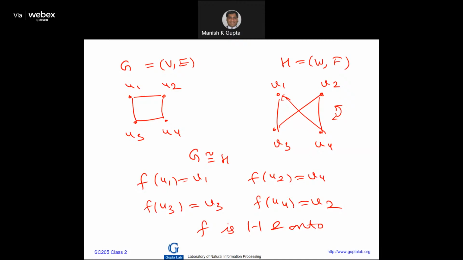So this map is a one-to-one and onto map between two graphs such that if two vertices are adjacent to each other in one graph, their corresponding images are adjacent in the other graph, right? Via this map. So these two graphs are isomorphic. So basically, while classifying the graphs, this is a very important thing, as you remember in the last class, I asked up to vertex n, how many graphs are possible?